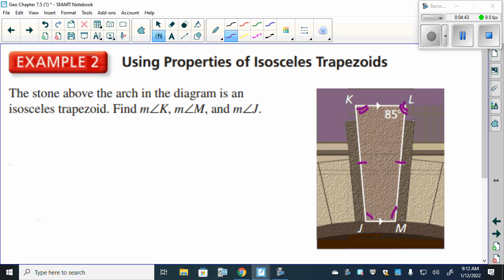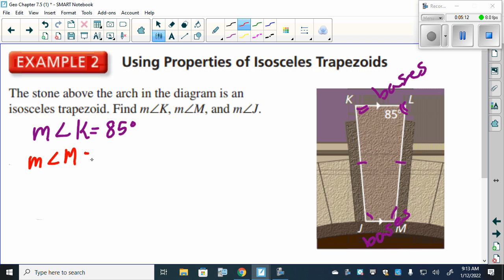So the two angles on the same base, because the lines that are parallel are the bases. So these here are the bases. So the angles connected to those bases are congruent since it's isosceles, which tells us that the measure of angle K is 85 degrees. But that still leaves us with finding the measure of angle M and the measure of angle J.